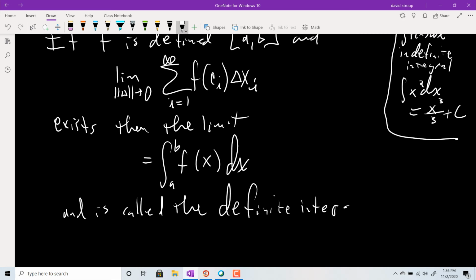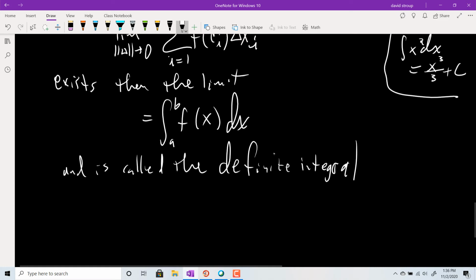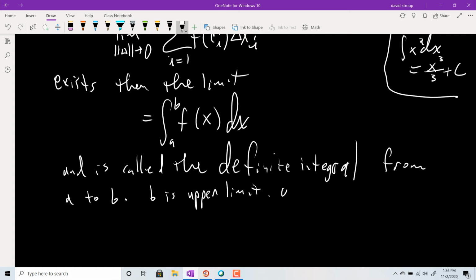The big difference is that it outputs a number as opposed to outputting an antiderivative. It's called the definite integral from a to b. B is called the upper limit, and a is the lower limit.